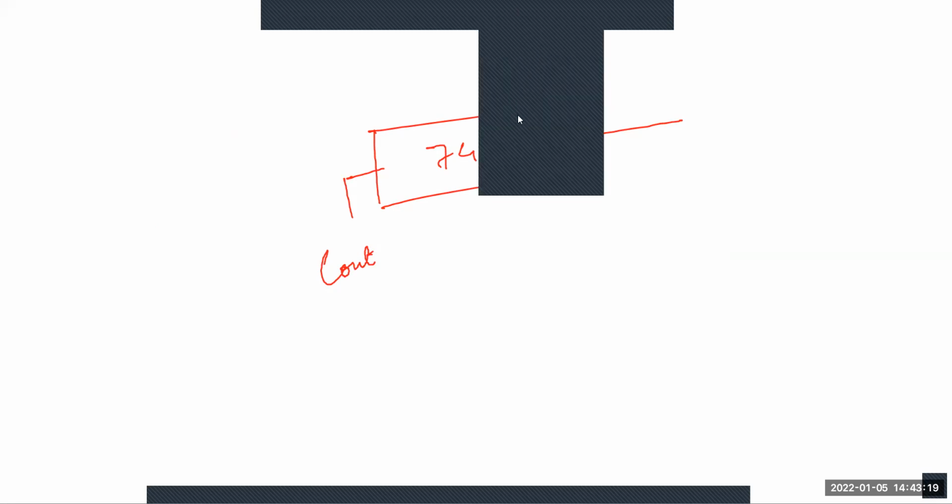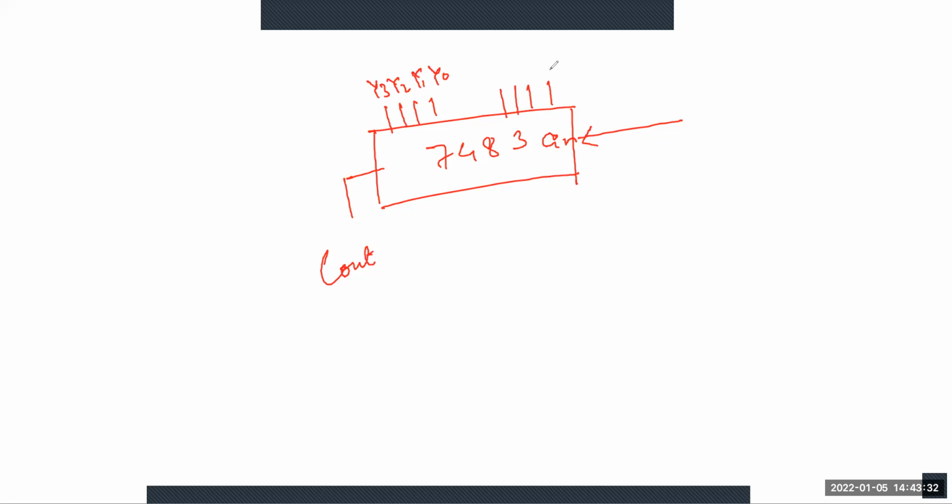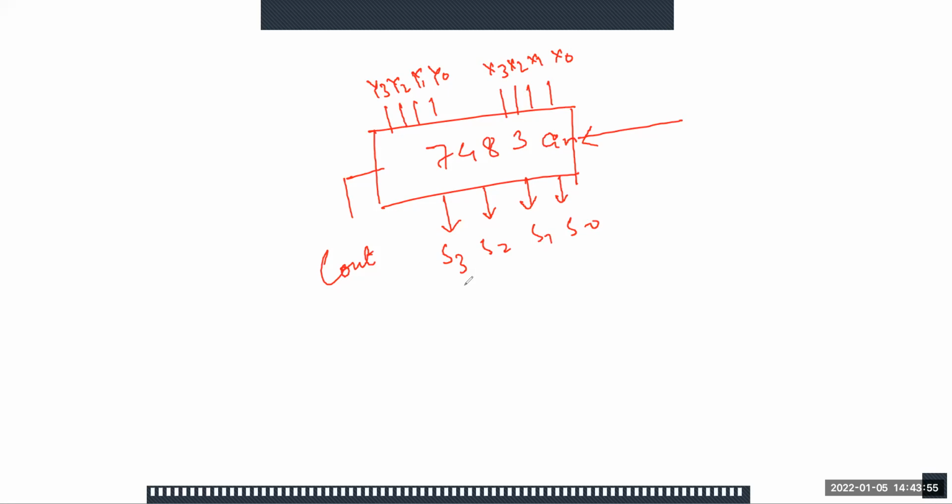Here, suppose this is Y3, Y2, Y1, Y0, and this is X3, X2, X1, and X0. And this is suppose S3, S2, S1, and S0. This is a logic symbol of IC 7483. This is for the 4-bit binary adder.